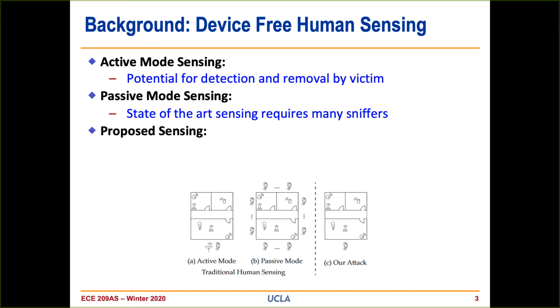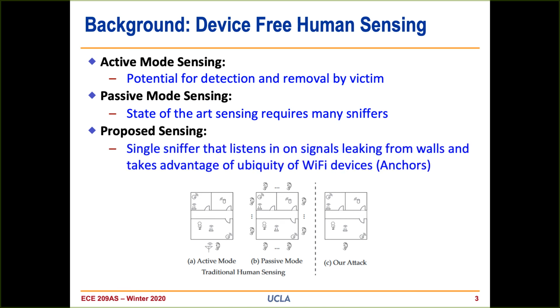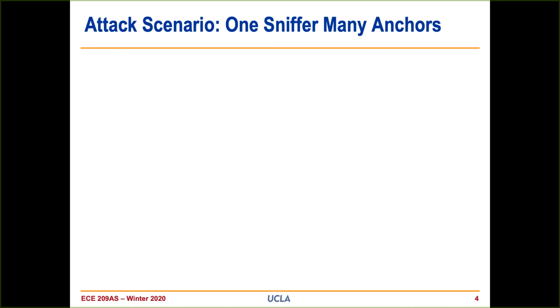But the proposed method pretty much uses a single sensor and takes advantage of the ubiquity of all the Wi-Fi devices, which are referred to as anchors in the paper, to obtain a high degree of confidence on which room someone is located based on how they affect the anchors in those rooms.